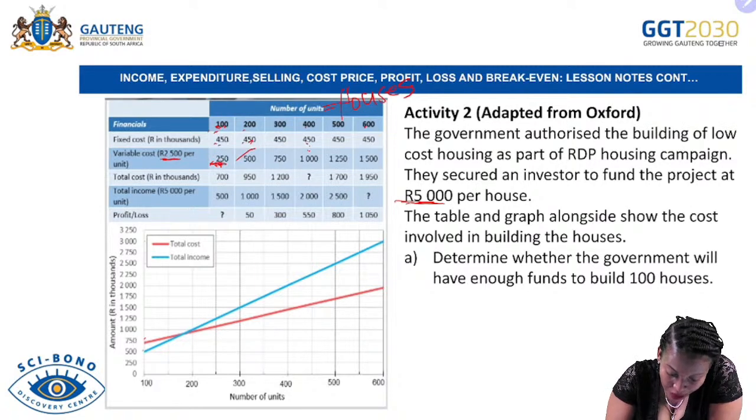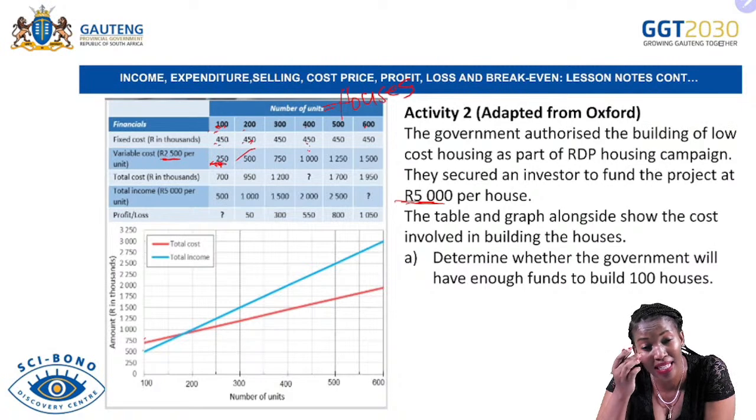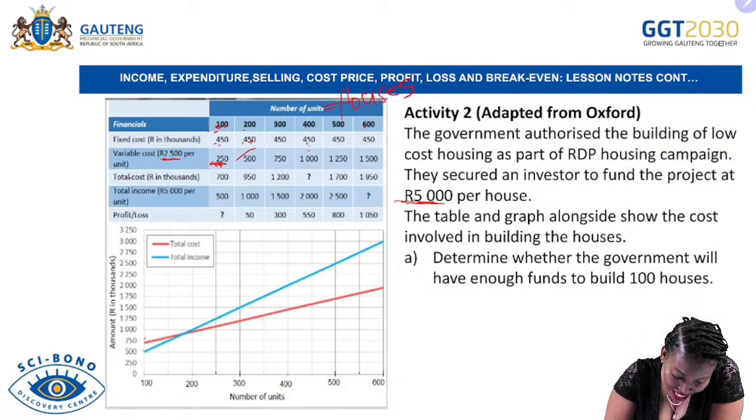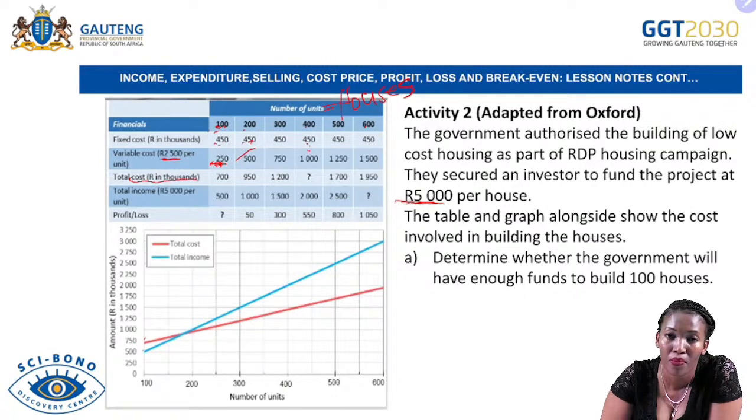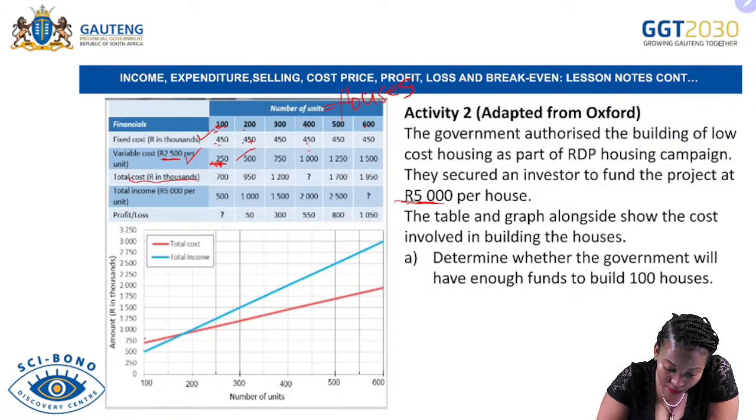This 250 is actually 250,000. And then we've got the total cost now in rands. The total cost is your fixed cost plus your variable cost. It is 450,000 plus 250,000, which gives us how much? 700,000. Remember, this is not just 700 rands, but it is 700,000.